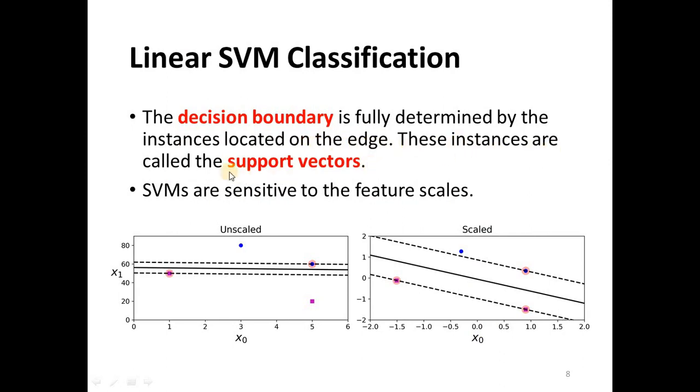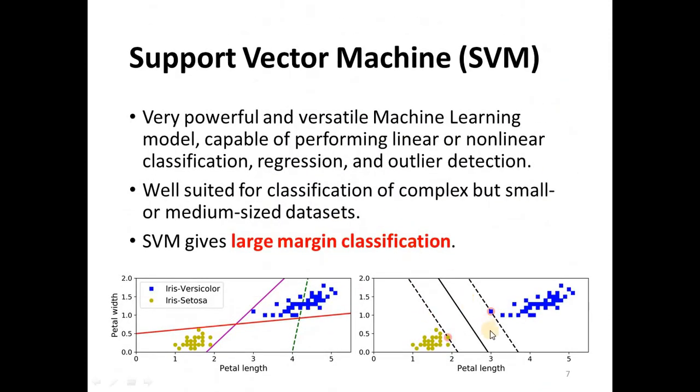These instances are called the support vectors, and the decision boundary is determined only by these support vectors. It is not affected by the other far samples.